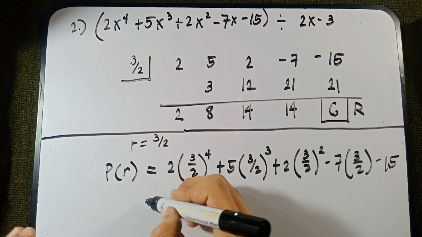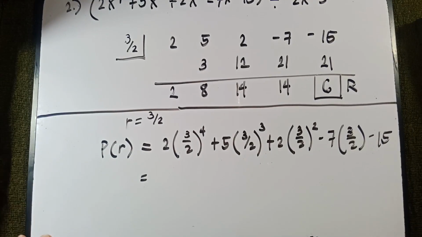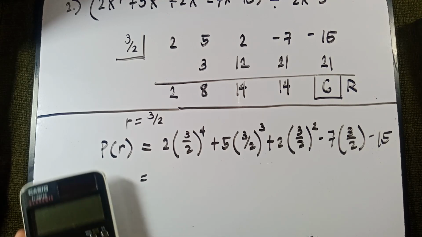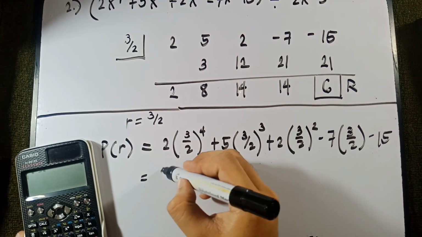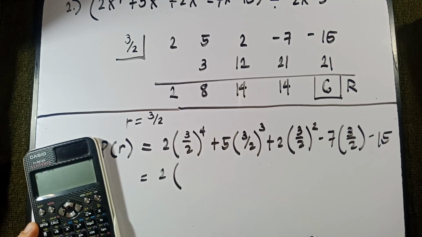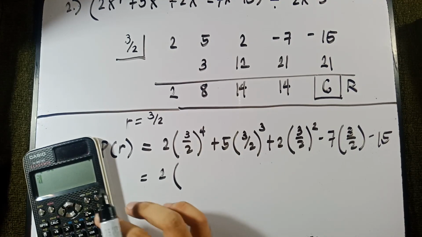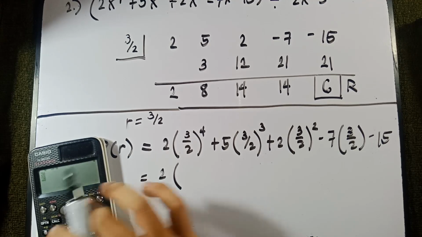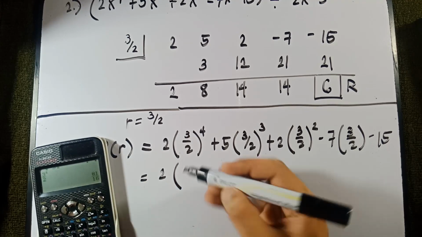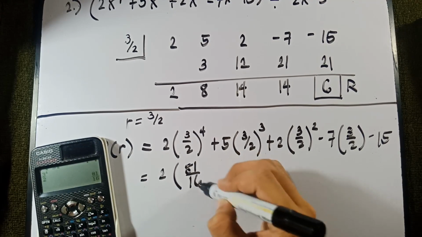Yan. So, gamit tayo ng calculator, ano? Gamit lang ako ng calcio para mas mapadali ang buhay natin. So, 2 multiply by 3/2 raised to 4. So, 3/2 raised to 4. That is 81/16.